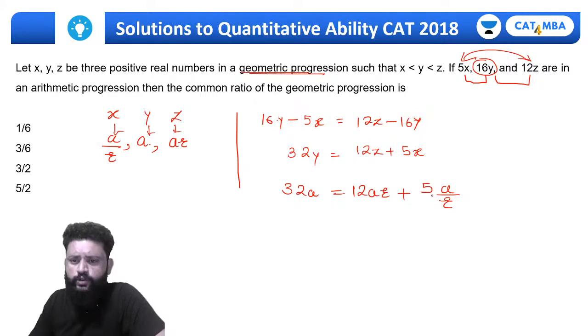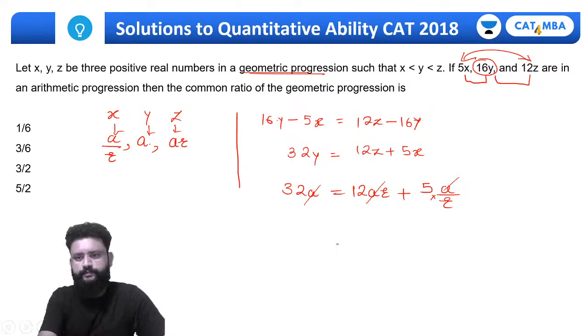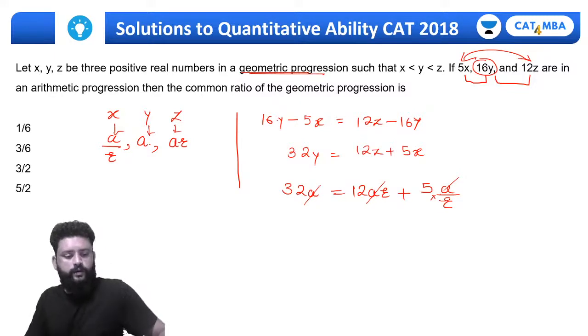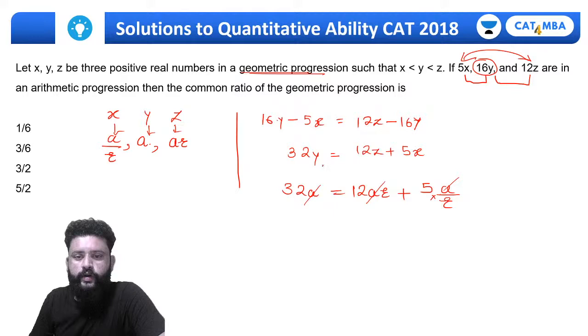Even if we took it in x it would work, that's perfectly fine, but here you can see a is common, so a gets cancelled from each of the terms. Okay, so a gets cancelled.